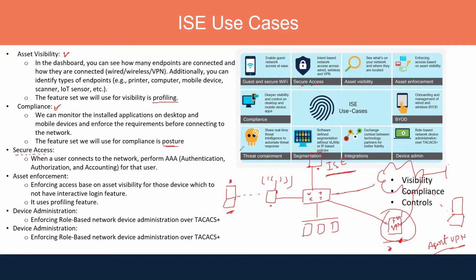So basically here in secure access, ISE can be used as a AAA server which can provide authentication, authorization, and accounting. So that whenever a user is connecting, you should be able to know who is connecting, what level of access he is getting, and what he has accessed so far.